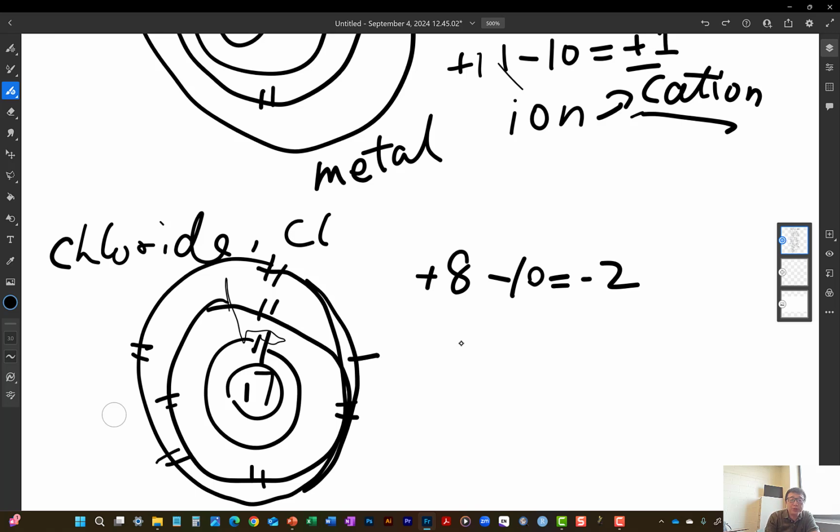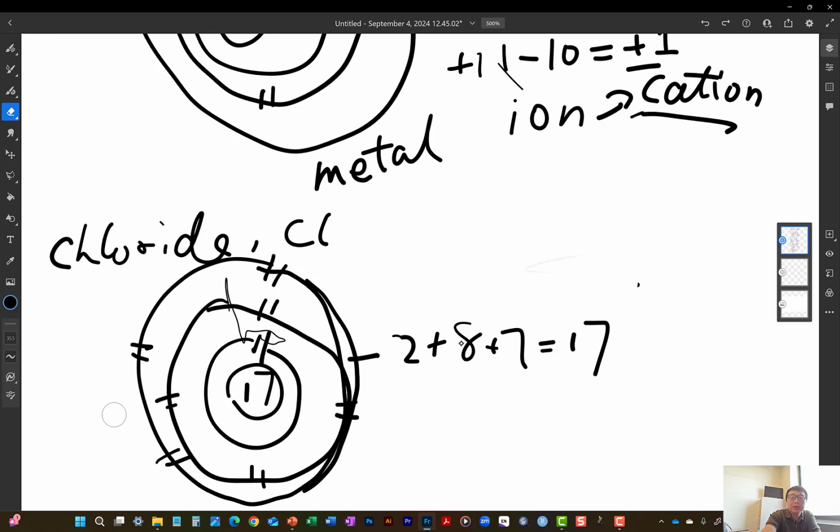So first shell 2, plus 8 plus 7 equals 17. It has 17 here. So in this case, it has a very strong tendency to get another one to fully fill its shell 3.